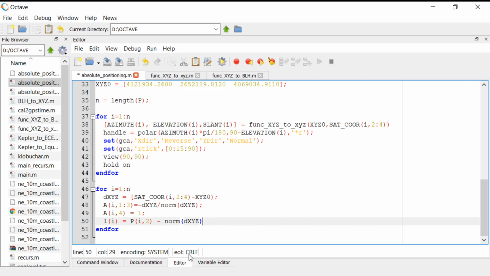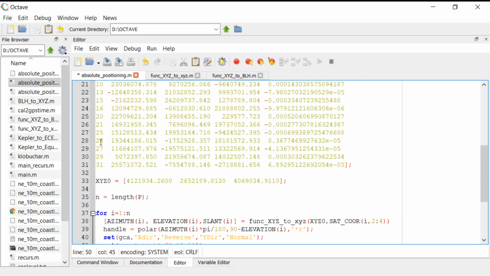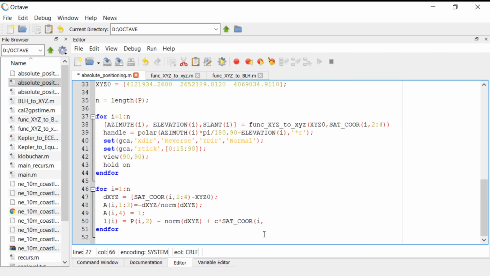So the norm of the distance by using the approximate coordinates now. And here I must also take the satellite clock error into account. For this reason, I'm using the sat core. So for the ith row, this is the 1, 2, 3, 4, 5. This is the fifth element. So the satellite clock error will be the fifth element that I'm including here. So now I ended here.